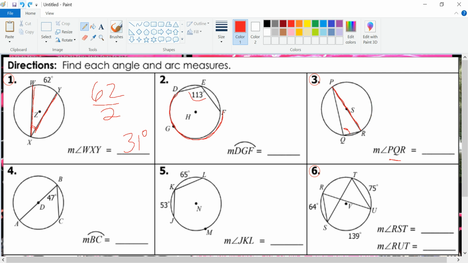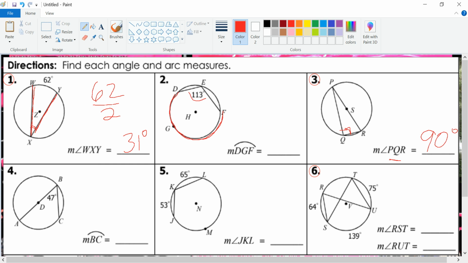It's 180 degrees right here because it's a semicircle. Half of a circle equals 180. So that means this inscribed angle is going to be equal to 90 degrees. It's just the rule that we also found.